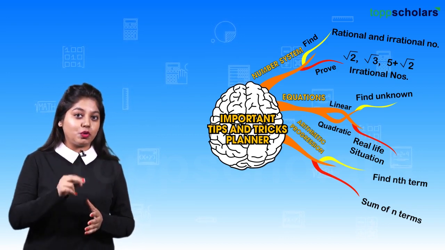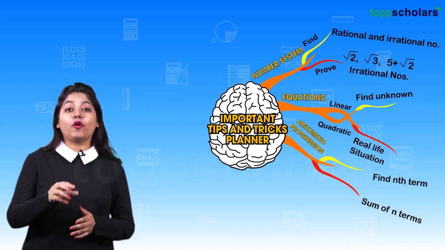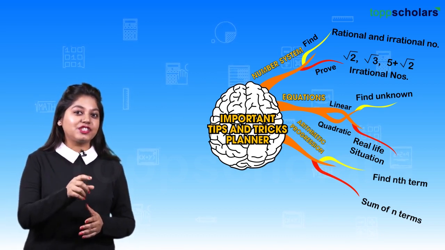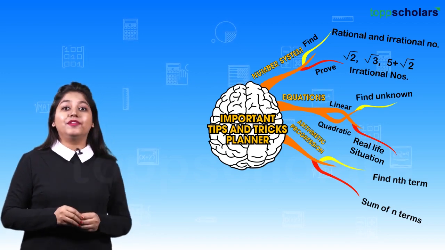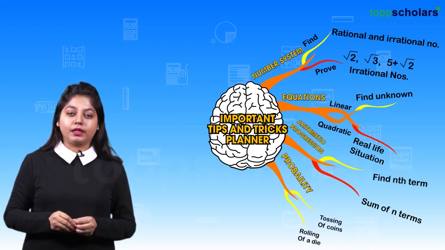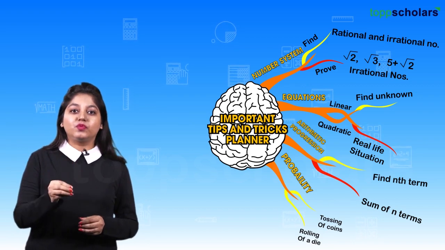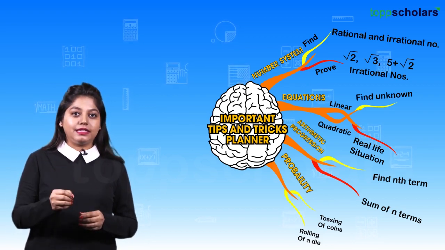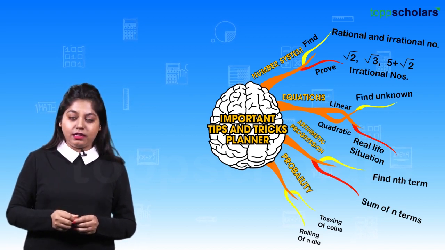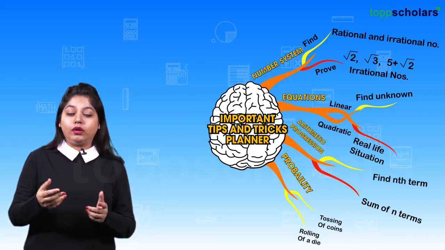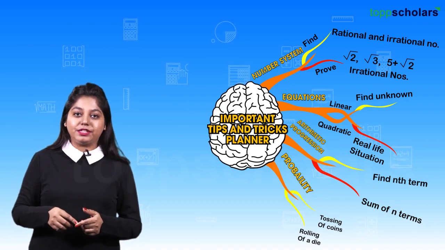Now we have 2 more sections. One section is of objective type of question, and the next one are important subjective type of question. For objective, we have probability chapter. Now, the type of questions which comes from probability is finding the probability for the given events, like tossing of a coin or rolling of a die, right?